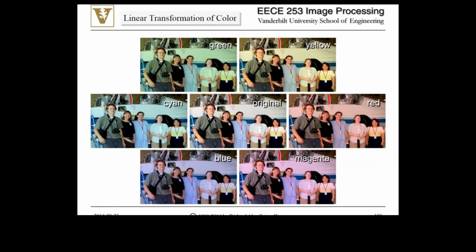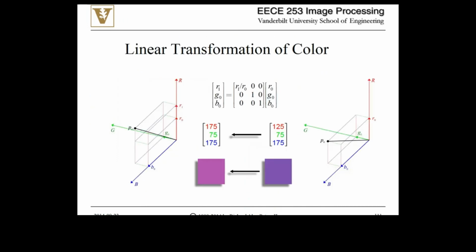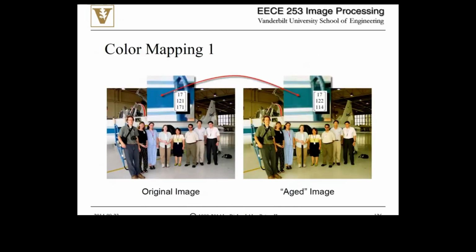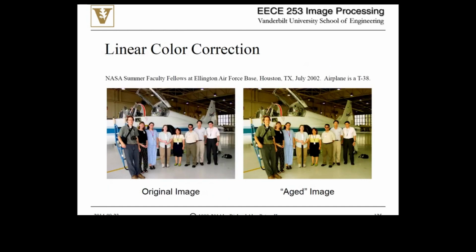And here you have some examples. Let's say you have this original image, and you want to make it more blue, more magenta, more red, or whatever. This would actually not be so useful because you would be degrading your image. But maybe what you have is the opposite. This is what we really want to solve.